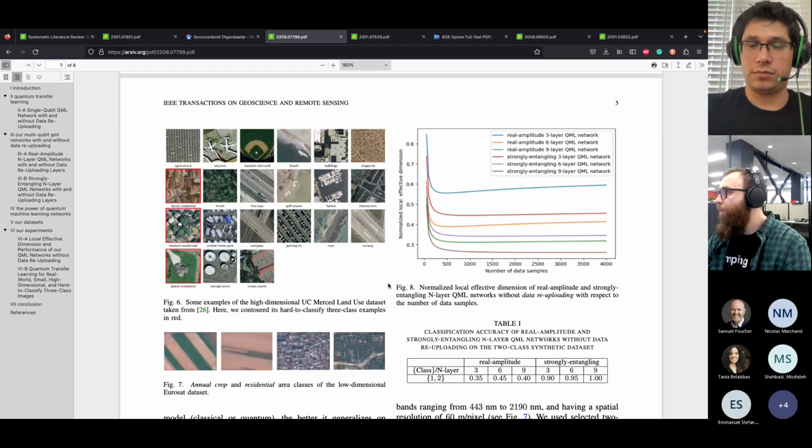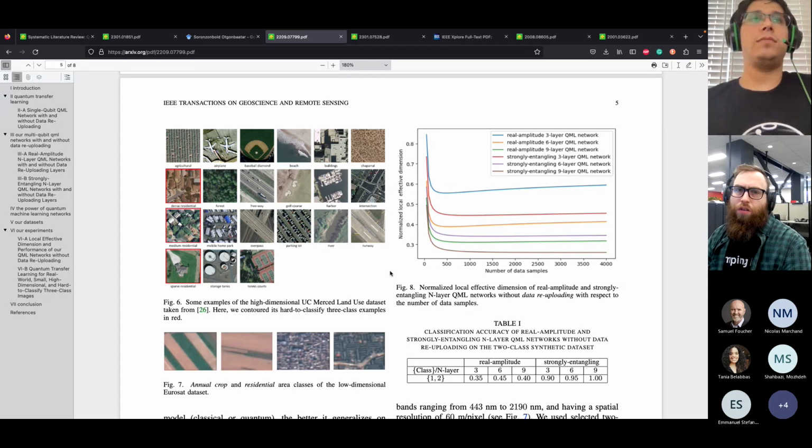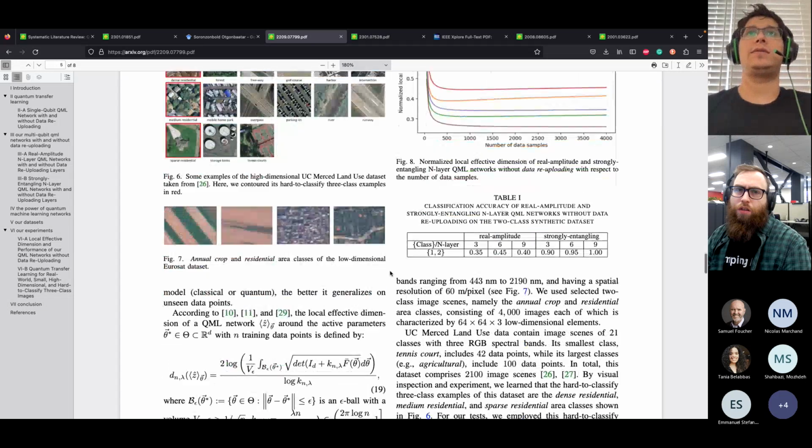It's airborne imagery, and it's land cover classification. So each patch you see on the top left is classified in terms of land cover. Yeah, it's pretty standard. Okay, I see.